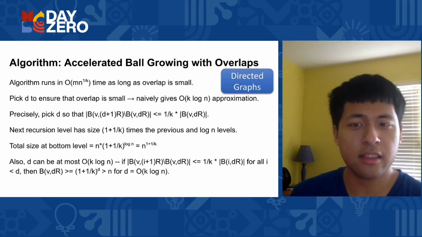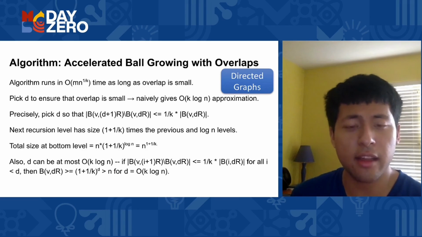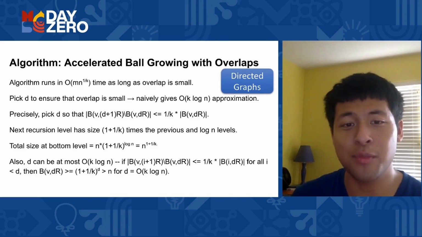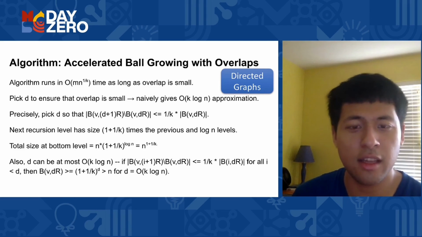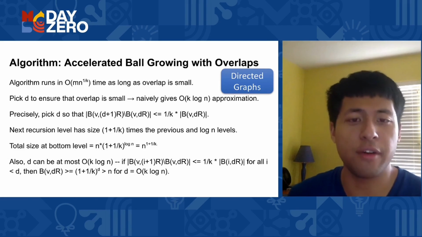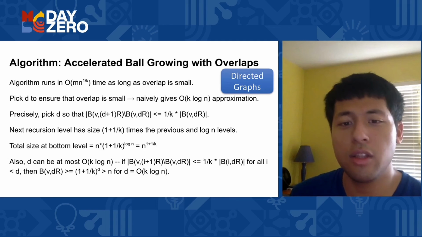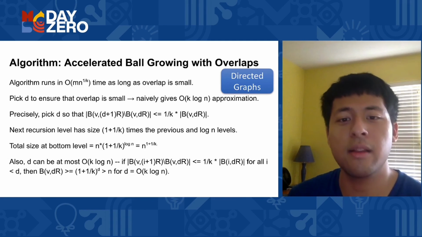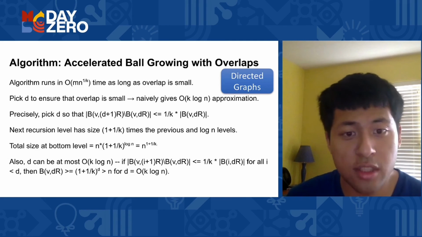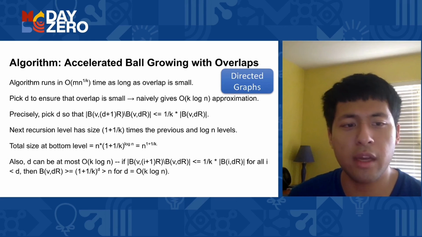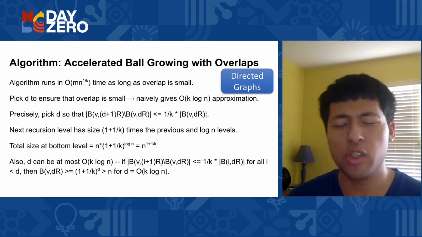In that case, if the overlap is size 1 over k, then the next recursion level will have size 1 plus 1 over k times the previous. And just by using something like the master theorem or reasoning about it, you pretty directly get that the total size of the bottom level is n to the 1 plus 1 over k, which shows the runtime bound.